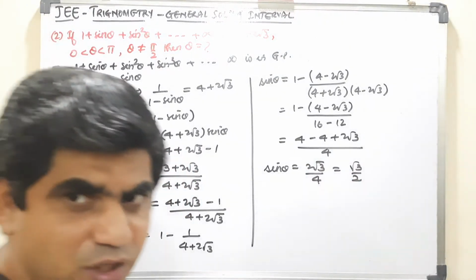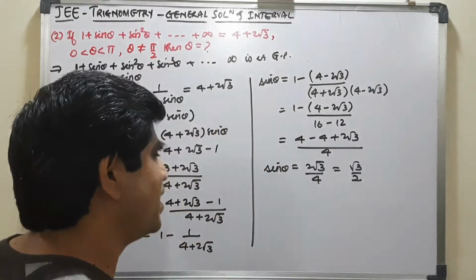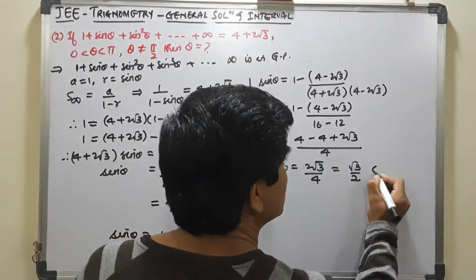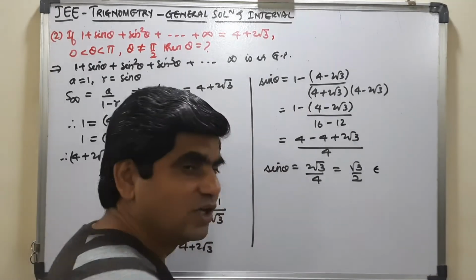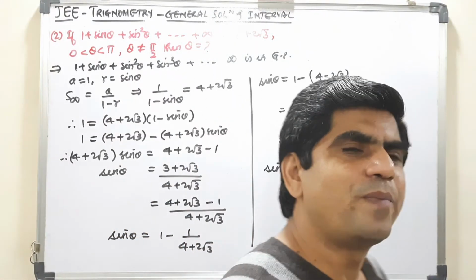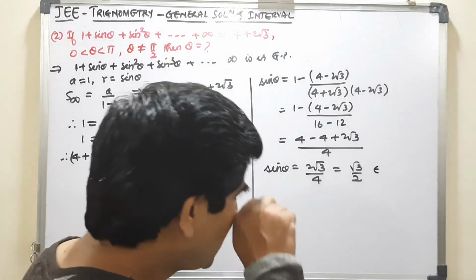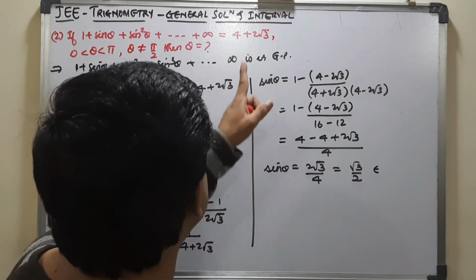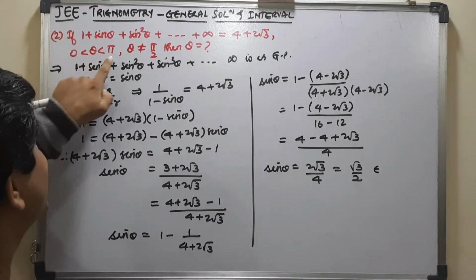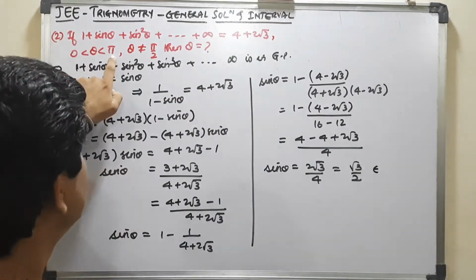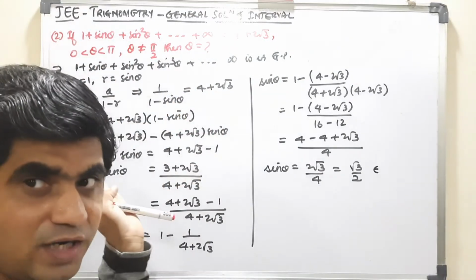So root 3 by 2 in quadrant number 1, from 0 to pi by 2, will be pi by 3, and since it lies in the 0 to pi interval, obviously it comes in the second quadrant also.